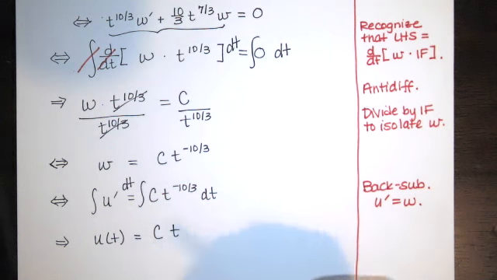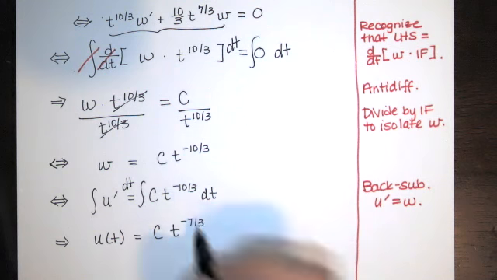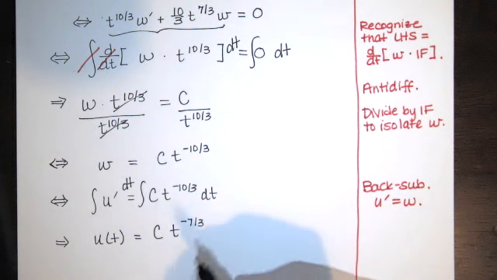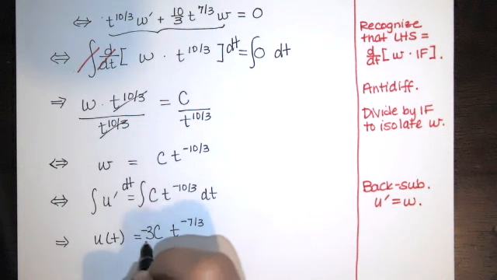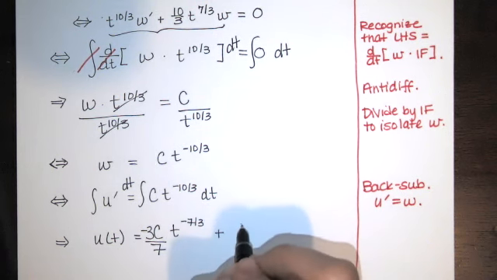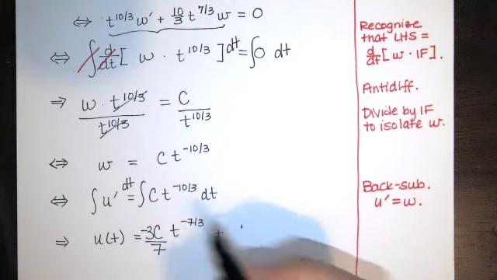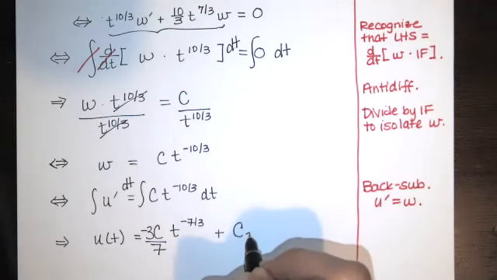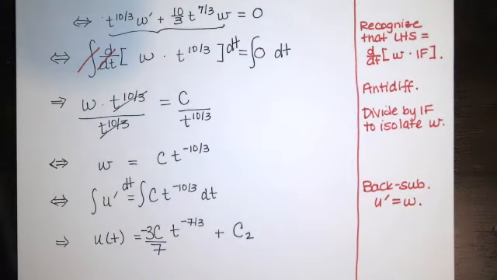So that's adding 3 over 3. It's giving us negative 7 over 3. And then we're dividing by the new exponent. Dividing by negative 7 over 3 is multiplying by negative 3 over 7. And then we'll add a constant of integration. Since I'm using C here, I'll use C2. I think we used C1 for something else, and now this is C2.